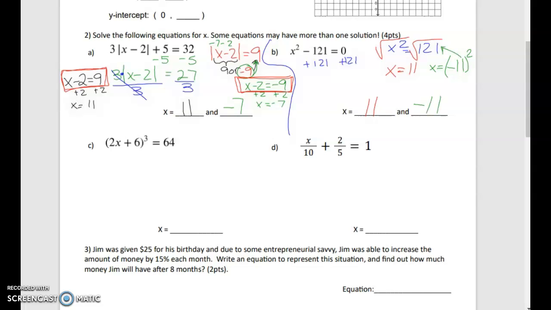So for this one, there are 2 answers: 11 and negative 11. You'll learn later on in math, or maybe you already do, that when you square root, the best bet is you're introducing a square root, so you just need to make it plus or minus 11. So those are both answers, positive 11 and negative 11.